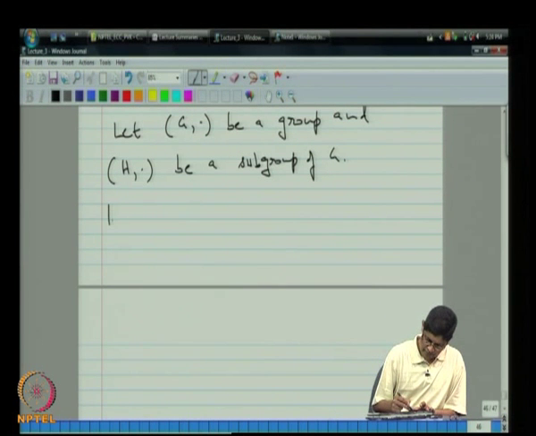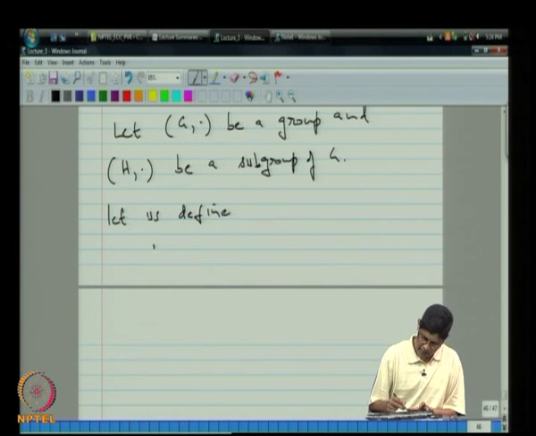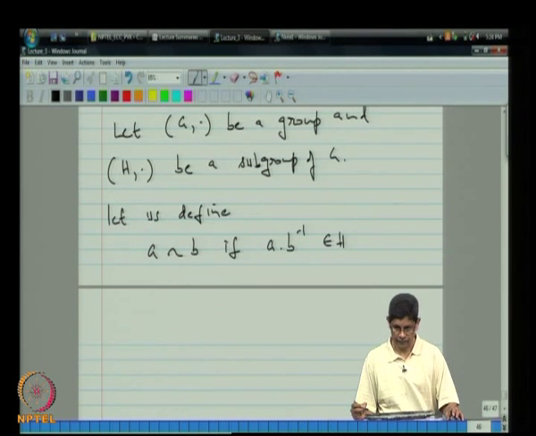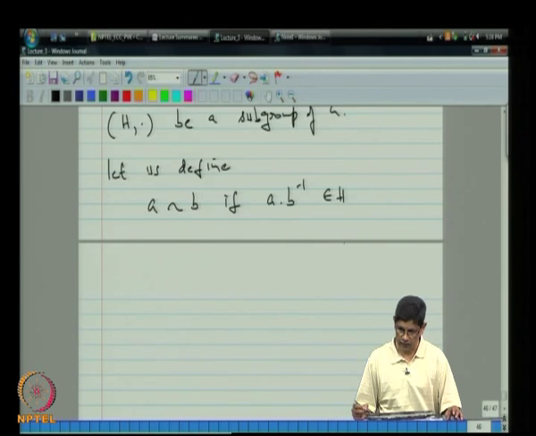Let us define A equivalent to B if A times B inverse belongs to H. Right.